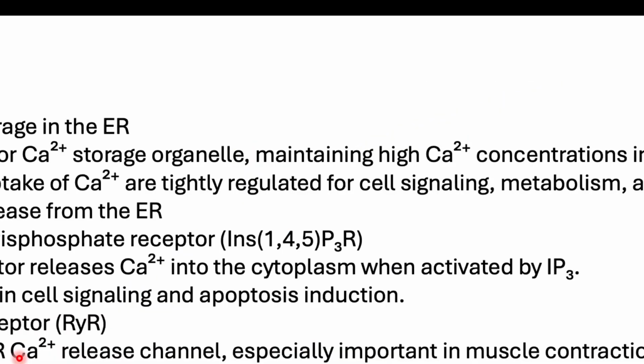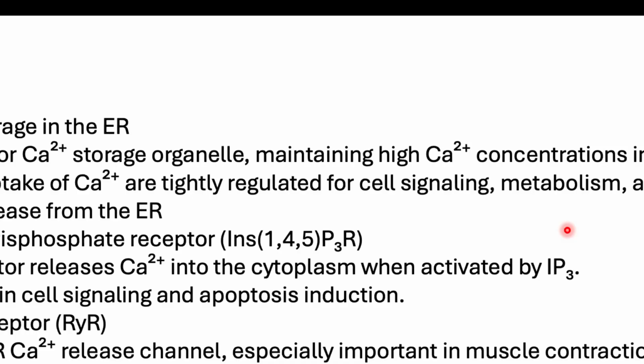And we were understanding how calcium is stored in the ER. The ER is a major calcium storage organelle maintaining high calcium concentration inside. Release and uptake of calcium are tightly regulated for cell signaling, metabolism, and apoptosis. Many GPCR signaling pathways involve release of calcium from inside the ER into the cytosol as a result of activated G protein signaling.